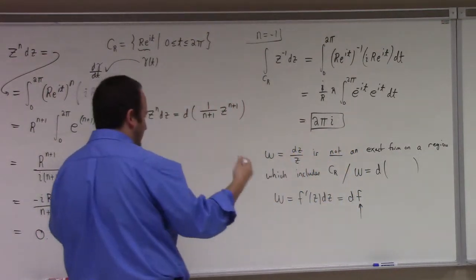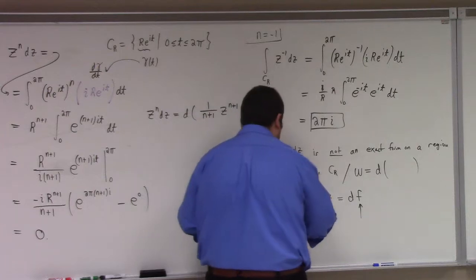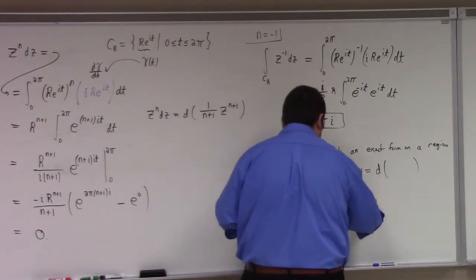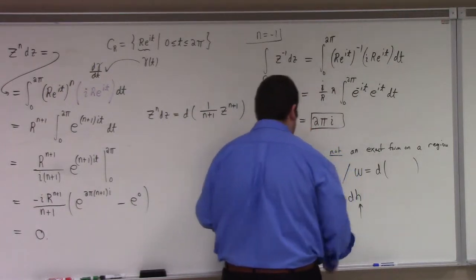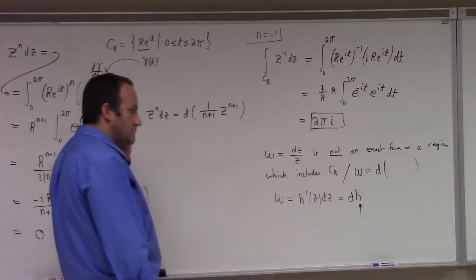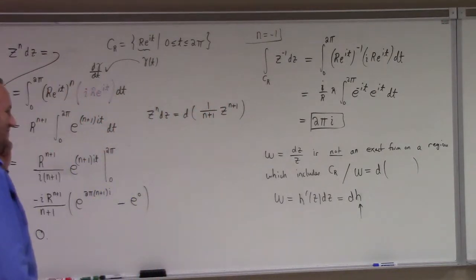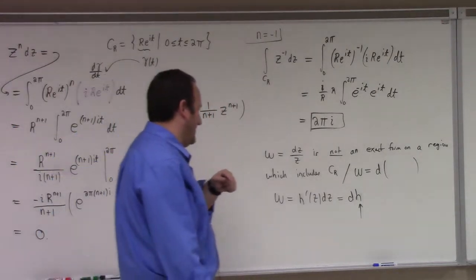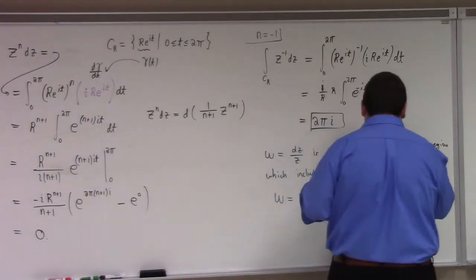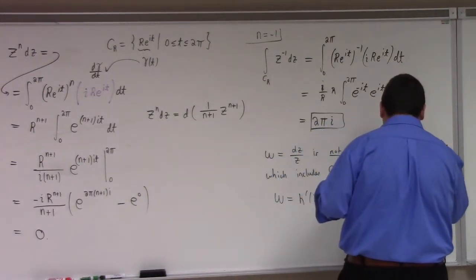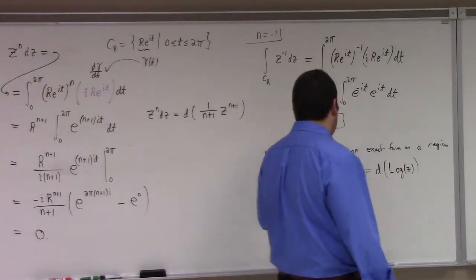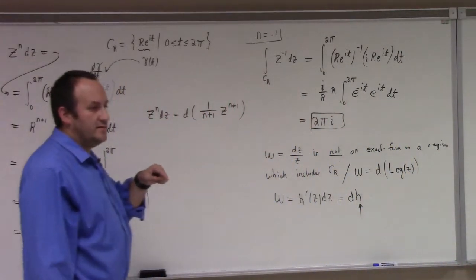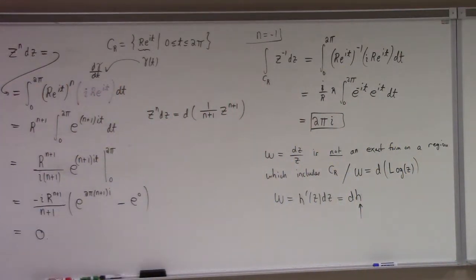I guess I should use h using my notation from the other day. The natural log, I take your log and I make it unnatural. So yes, log z. Log z will do. But in fact, any branch of the logarithm would do.